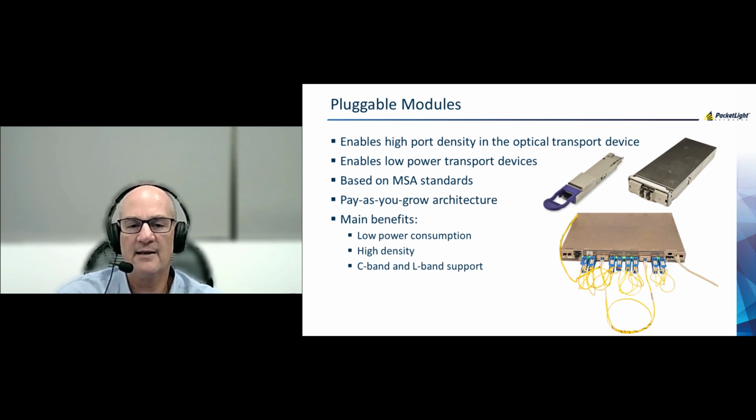So the standards are set. They enable us a pay-as-you-go architecture because they are pluggable. We can start with 800 gig, then another pluggable module, another 800 gig, so we can grow the capacity and use the power and light up more wavelengths as we need more capacity. And really they are one of the main building blocks able to support C-band and L-band, achieving this high density 8 tera 1U type of solutions.